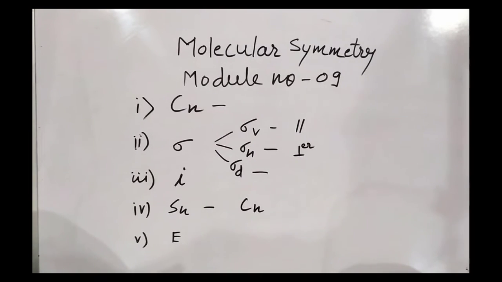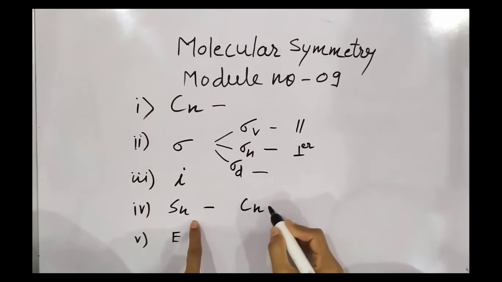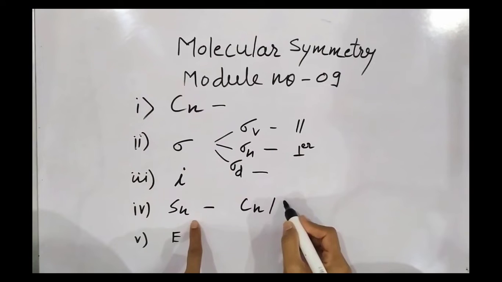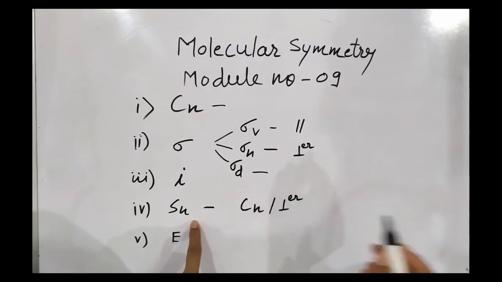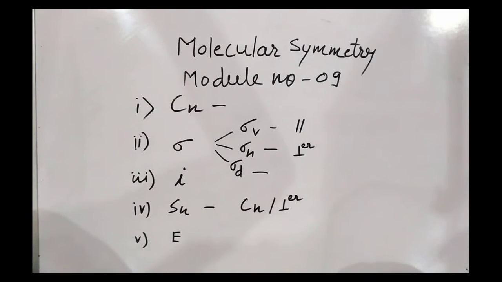But how should that mirror plane be? It should be a perpendicular mirror plane. So we can write that Sn is nothing but Cn times sigma h. It is read as rotation followed by reflection, but the reflection plane should be perpendicular, that is sigma h.